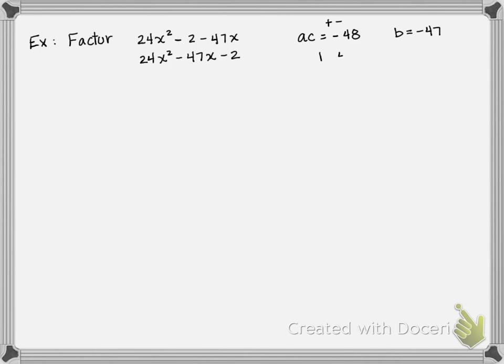And let's see, we got 1 and 48, 2 and 24, 3 and 16, 4 and 12, 5, 6, and 8. And then the bigger number is going to be negative because they add to a negative. So my negative has to outweigh my positive, and it turns out that it's just the first one.